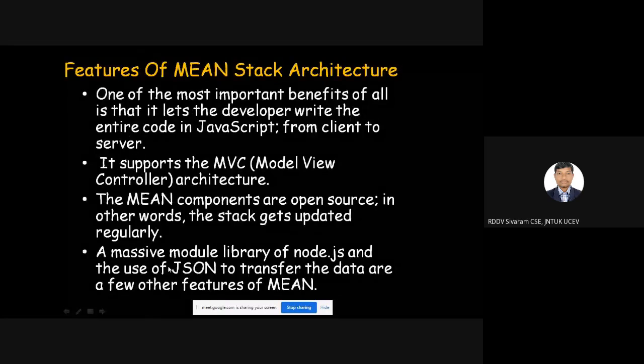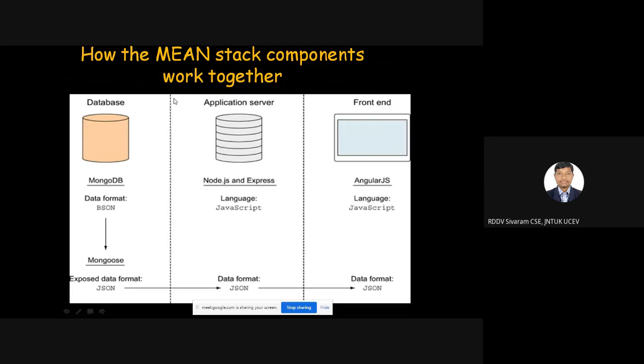So these are the features of the inside architecture. You can see here how the main components work together. This is the important thing. As I told you earlier, there are 3 layers in an MVC model, the popular architecture called model view controller.